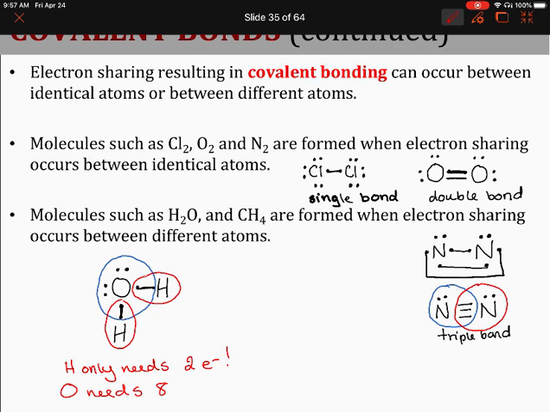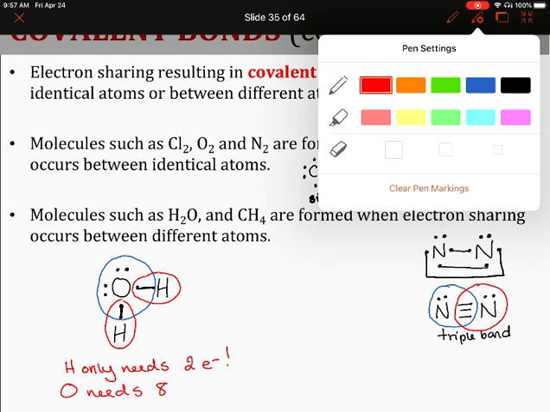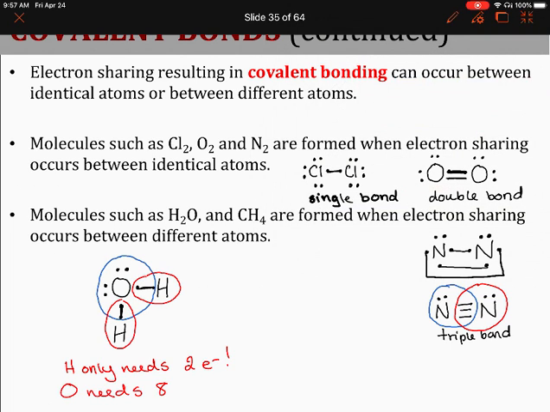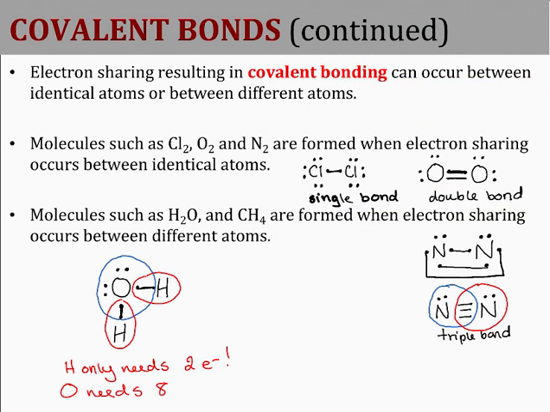And you don't have to draw those circles. That's just to show who owns what electrons or who's sharing which electrons. Now for methane. So carbon is in group 4A, so it has 4 valence electrons. And then there are 4 hydrogens, which each have 1 electron, so we can start placing those around carbon.